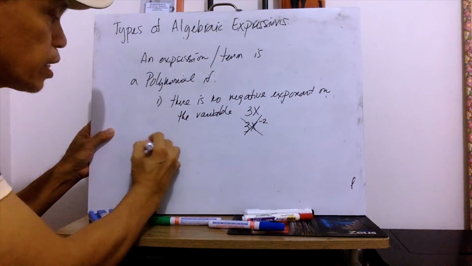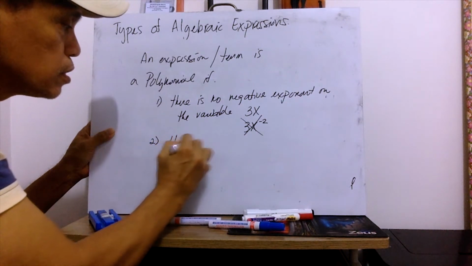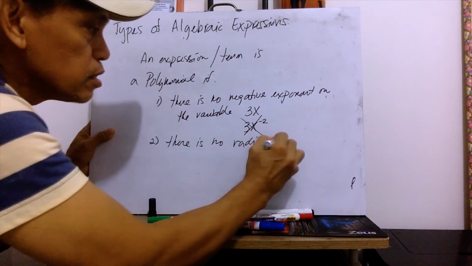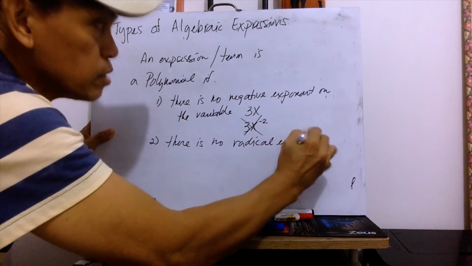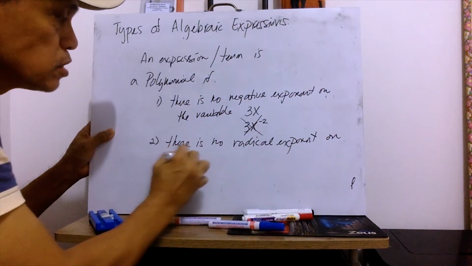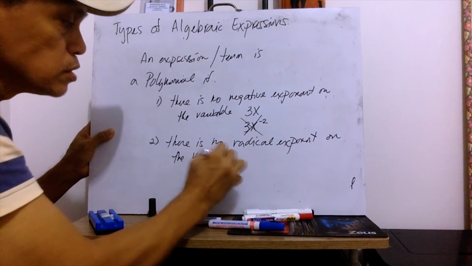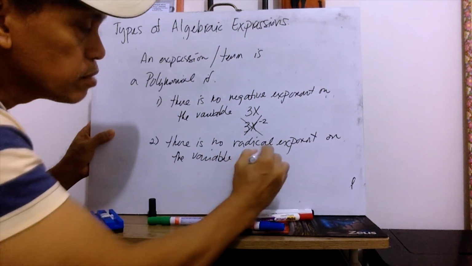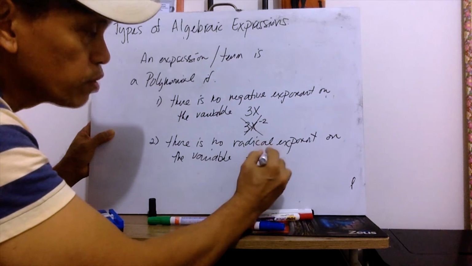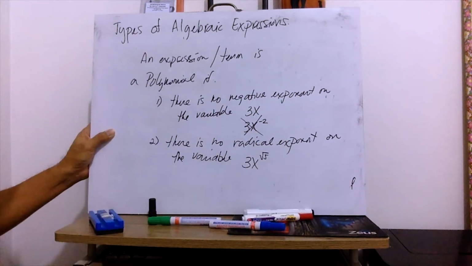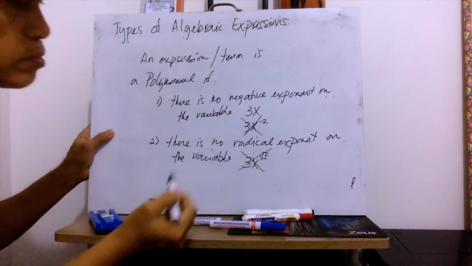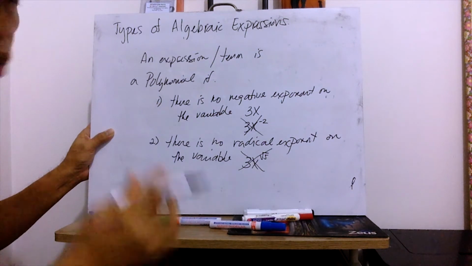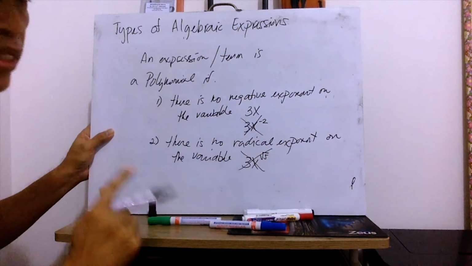Second, there is no radical exponent on the variable. Now 3x raised to, let's say, square root of 5 is not a polynomial if the variable is raised to a radical number. For numeric coefficients, it doesn't matter.